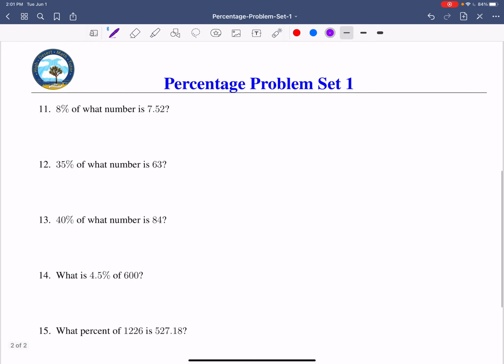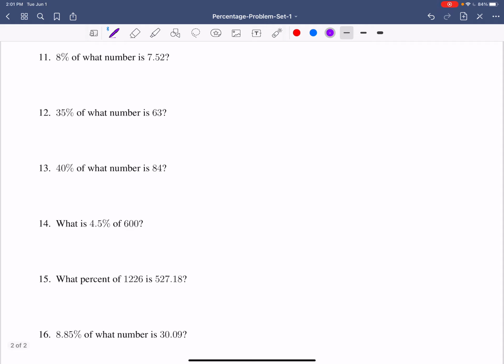Now, the last question is, 8% of what number happens to be 7.52? So once again, this is a problem that has percentages involved. So let's write down a formula for percent. So percent times whole is equal to the part.